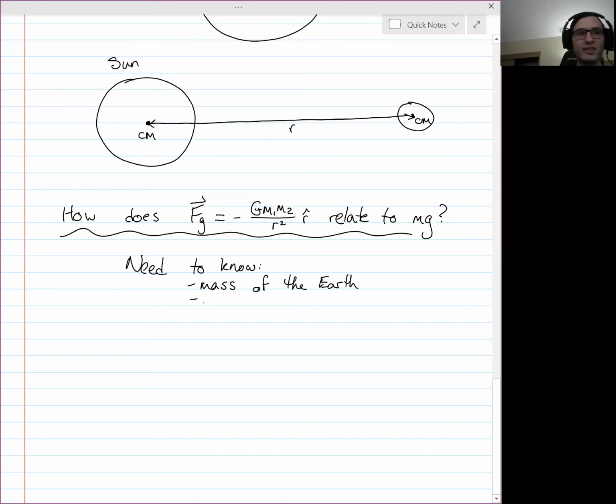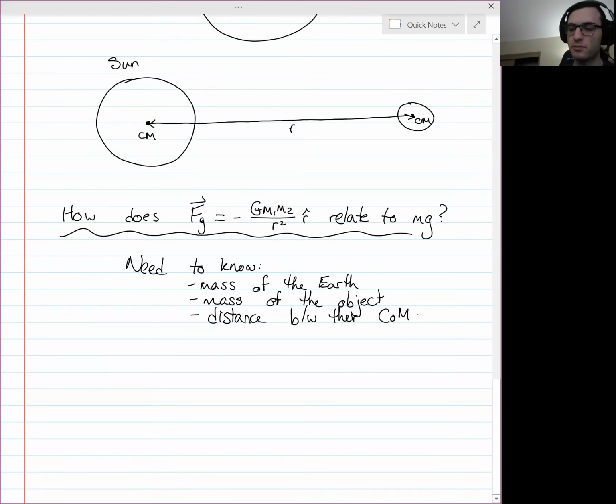We need to know the mass of the object. And we need to know the distance between their center of masses, i.e. the center of mass of the Earth and the center of mass of the object.